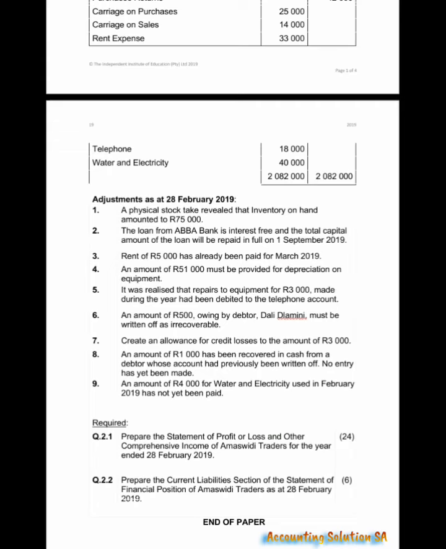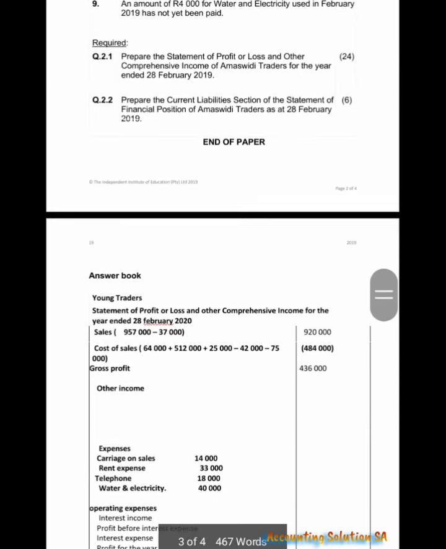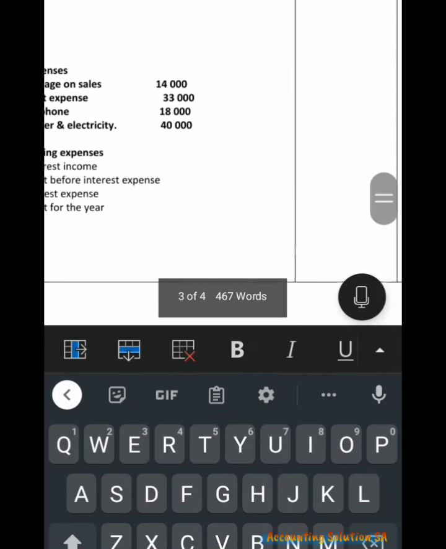Then number two, they said a loan of our bank is interest free and the total capital amount of loan will be repaid in full on 1 September 2019. So in this case, we find that the interest is free. In other words, this loan that we take from our bank, we are not going to pay any interest, which means that when we go to interest expense, we are going to put 0.